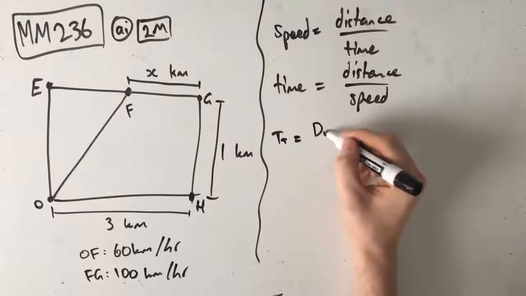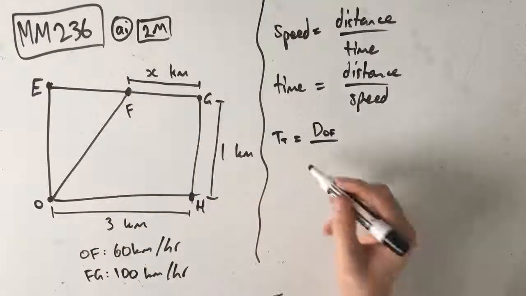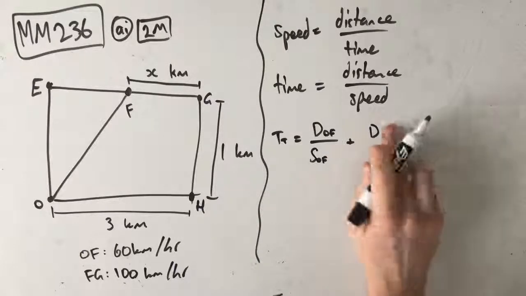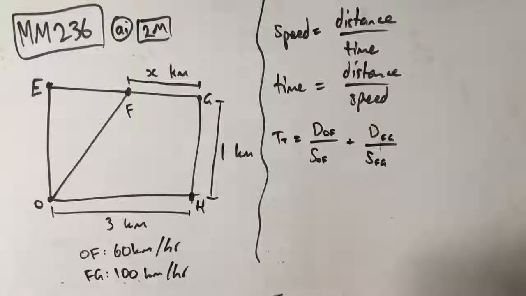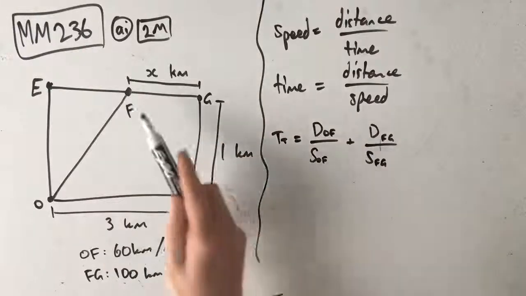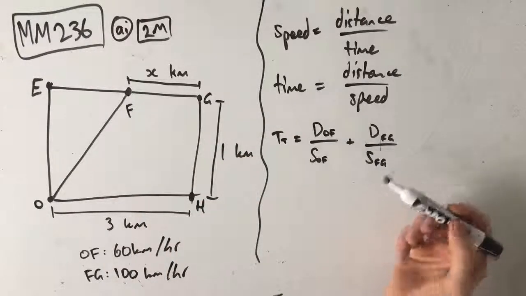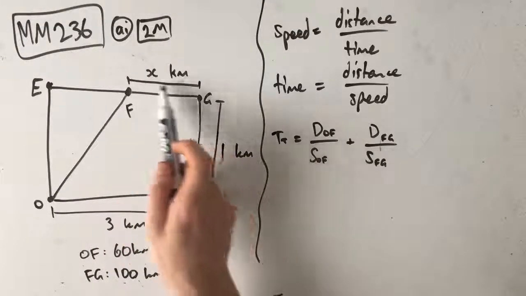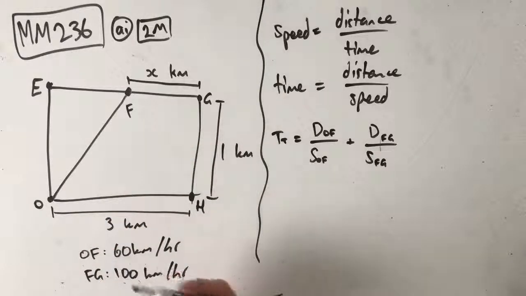So our distance of OF over our speed along OF plus our distance of FG over our speed along FG, right? So we know that our speed on OF is going to be 60. We know our speed on FG is going to be 100, but we don't know the distance of OF, right? We actually do know the distance of FG, that's X kilometers, but we don't know OF, so we're going to need to work that out.